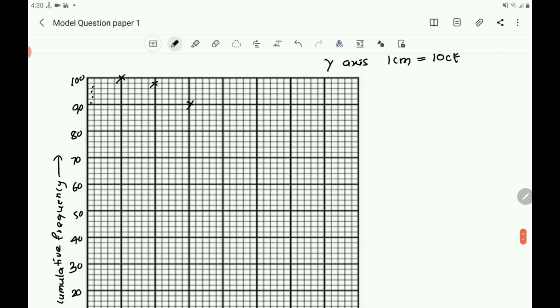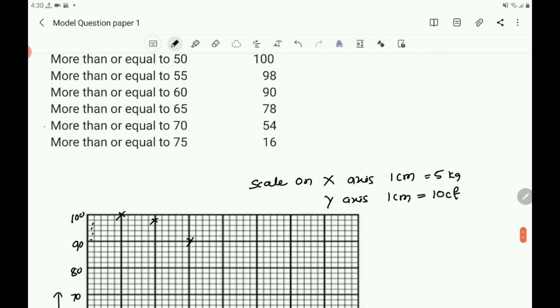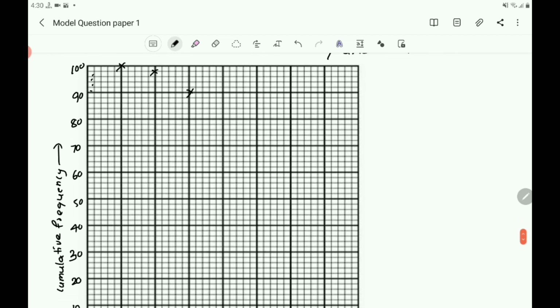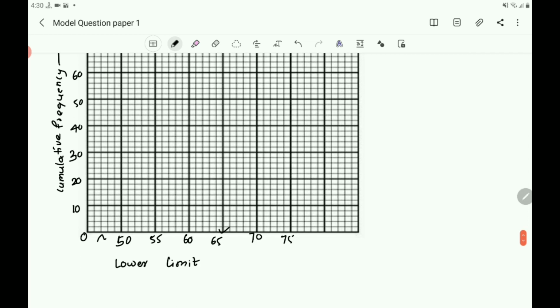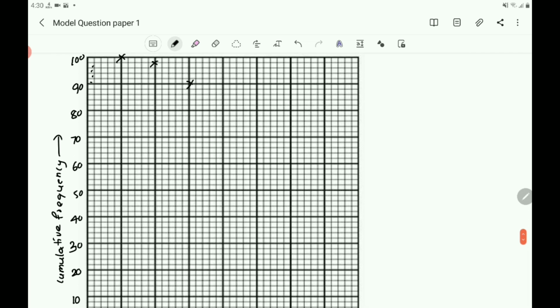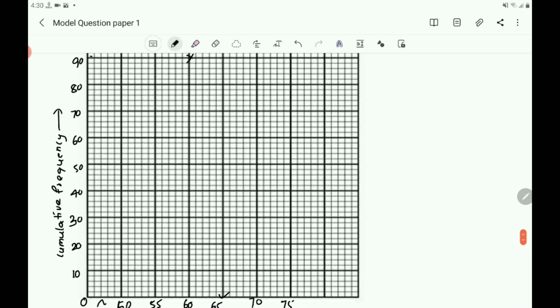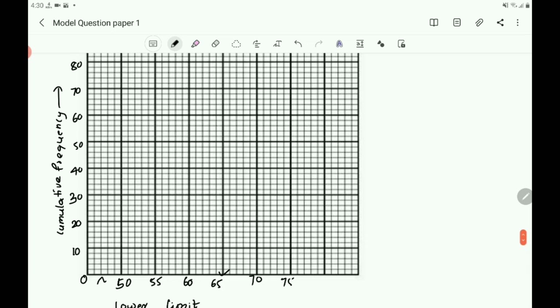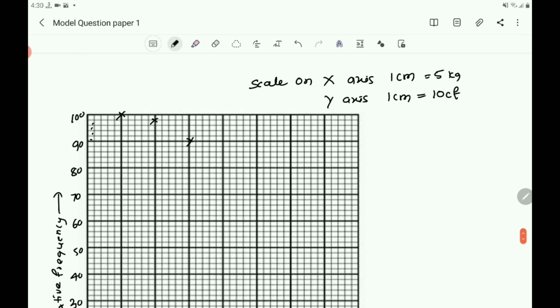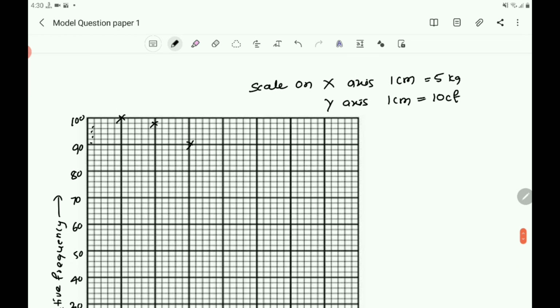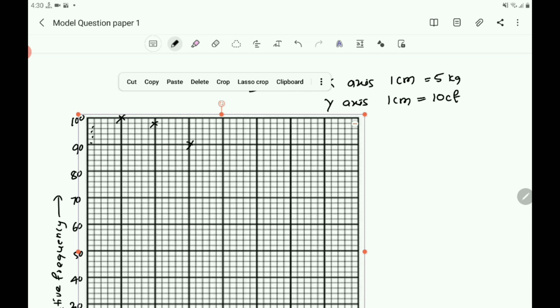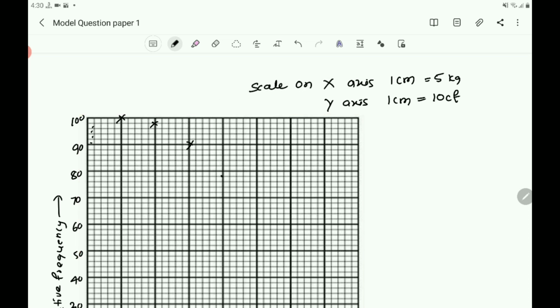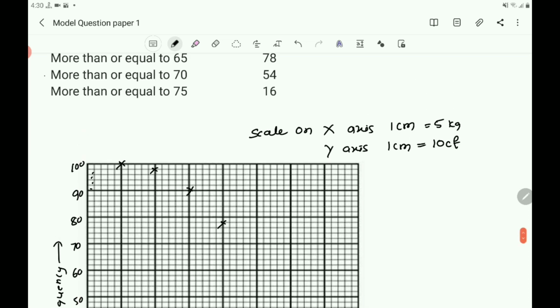It is 90. Then 65, 78. 65 is here, go straight to 78. And 78 means 1 box less here, comes here 78.